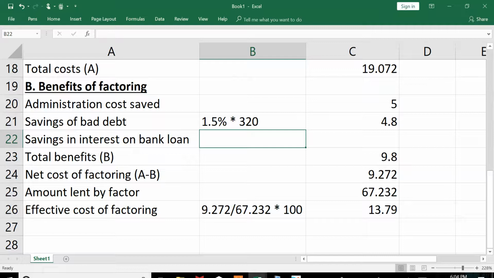The balance loan I anyway have to take from the bank. If the bank used to give me a loan of 80 lakhs, I'll have to continue to get a loan for the balance, some 12 lakh portion. My savings is 67.232 into 15%, if the bank loan is at 15%. You save this amount, because the factor gives you only this much money, he is not giving you the entire amount.